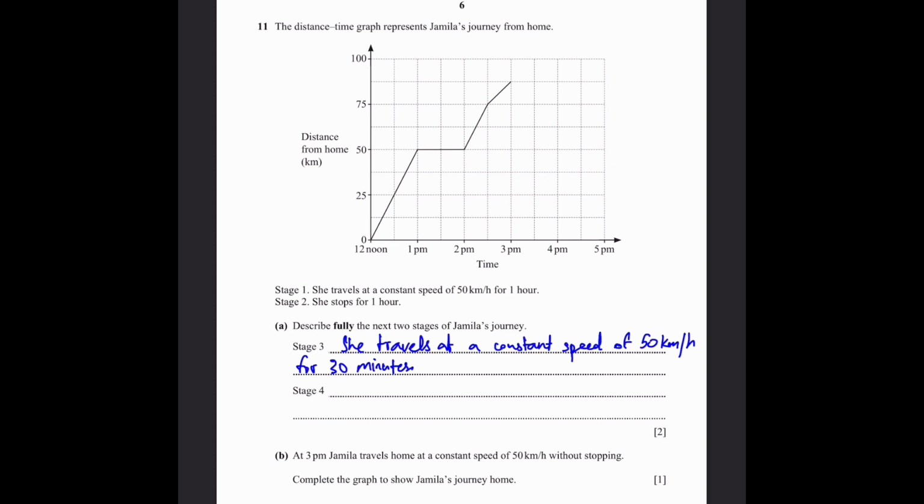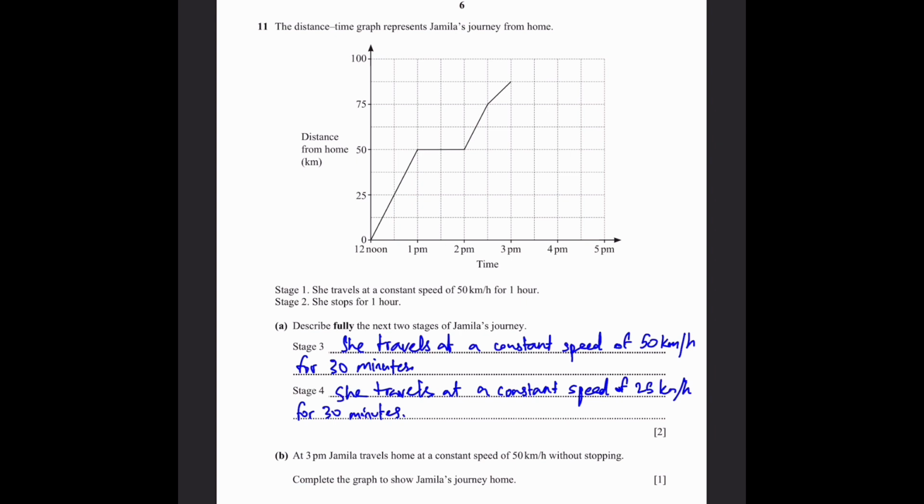So for 30 minutes, she travels at a constant speed of 25 kilometers an hour for 30 minutes. That's the answer.